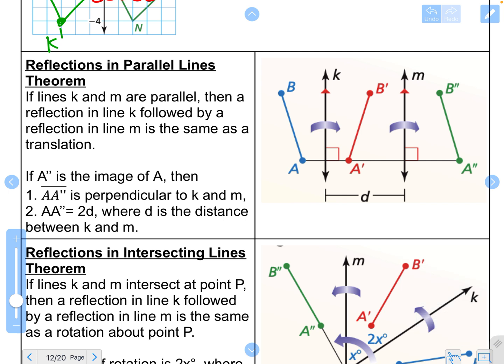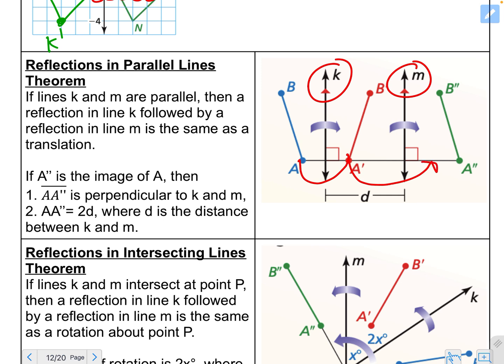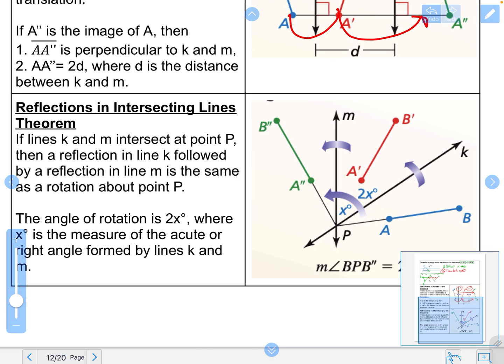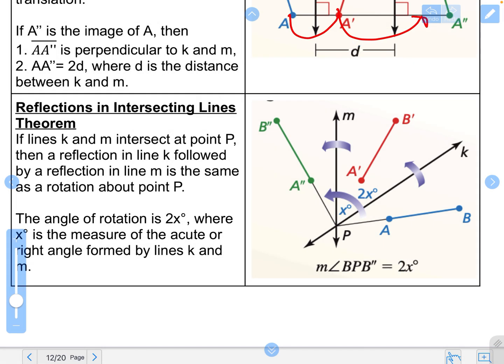If we know that lines K and M are parallel, and we reflect across K, and then reflect over M the same way, that's the same thing as translating from A to B. For this one, if K and M intersect at P, and we reflect over K, and then we reflect over M, it's the same thing as a rotation.